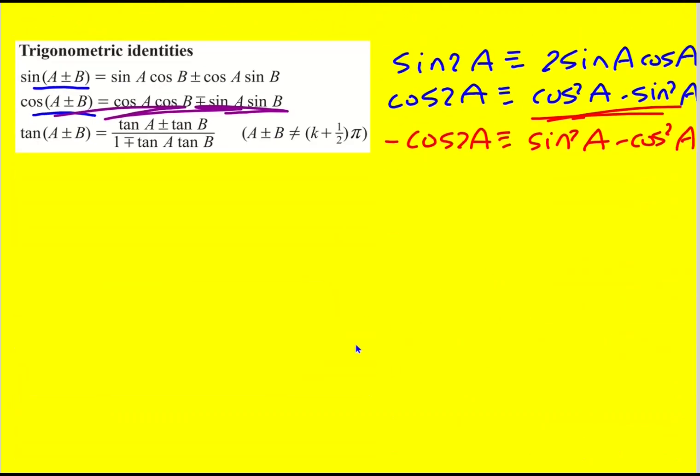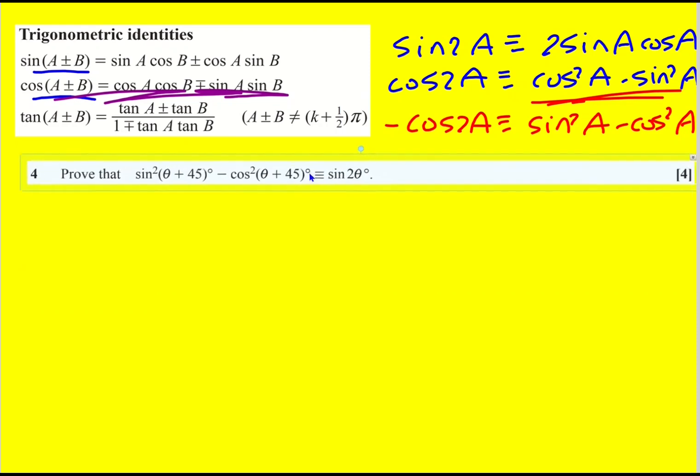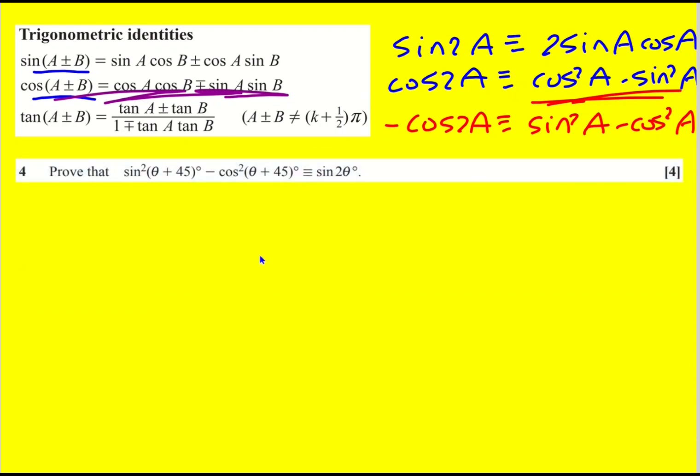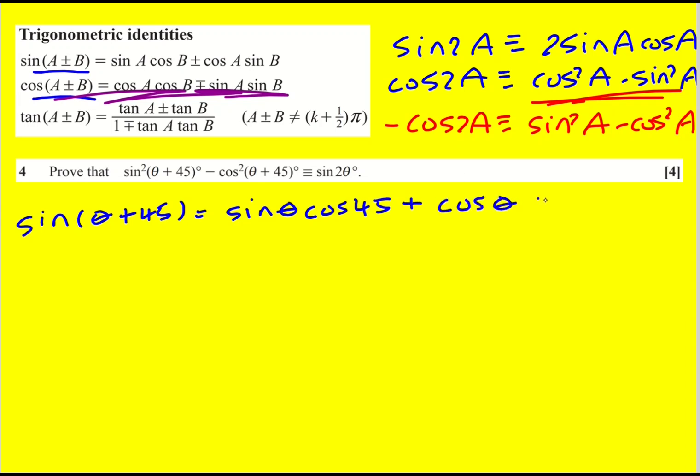Now, a longer approach, but valid, is as follows. It's going to be to expand straight away from the beginning using addition formulae. So we could write down that sine theta plus 45 is sine theta cos 45 plus cos theta sine 45.